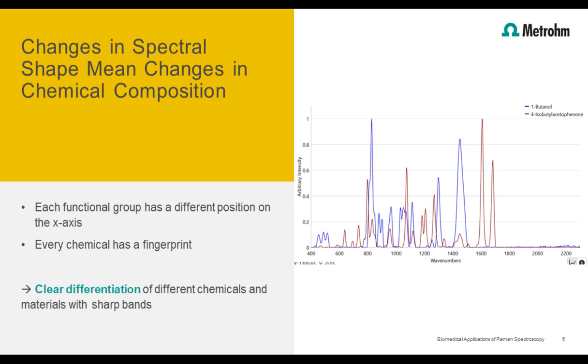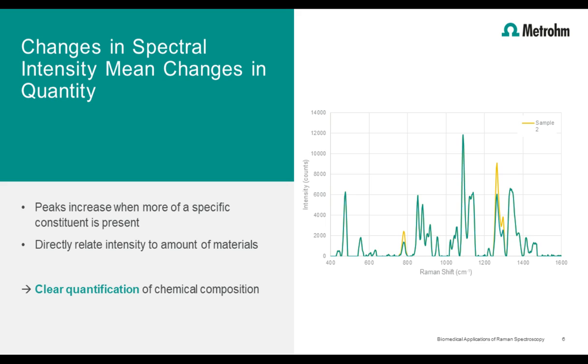And this is a big advantage because this allows us to use spectral libraries to identify either unknown samples or to verify the identity of known materials. And also, shifts in the peak positions in our Raman spectrum can give us some information about changes that are happening in our sample matrix.